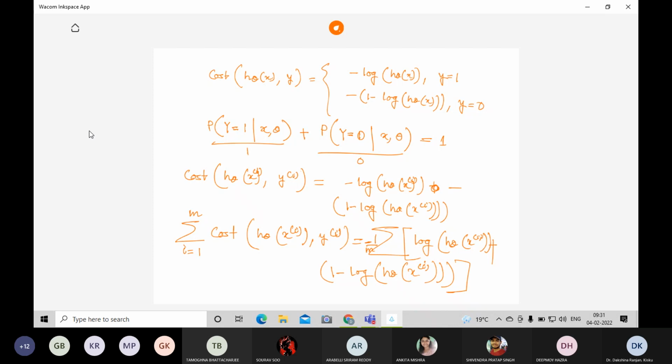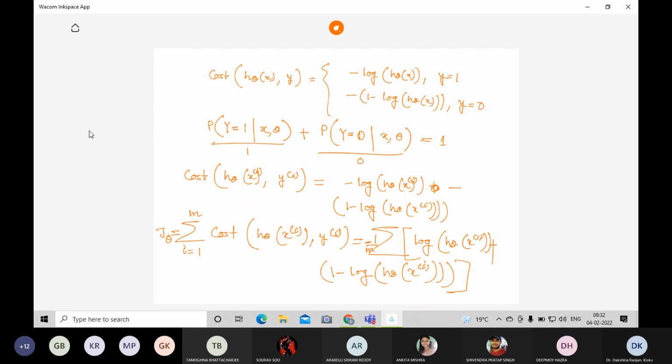So now we are saying that this is our j theta. This is the cost function for logistic regression, and we compute this cost function by taking all the examples. If we consider there are m number of examples or m number of data points, then we can compute the cost by taking the summation over it.